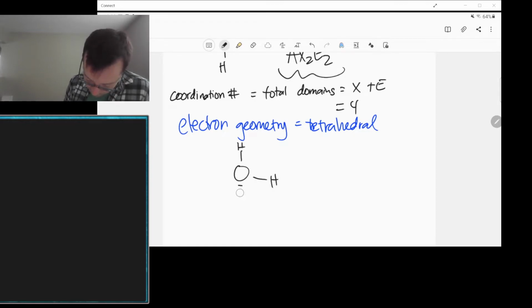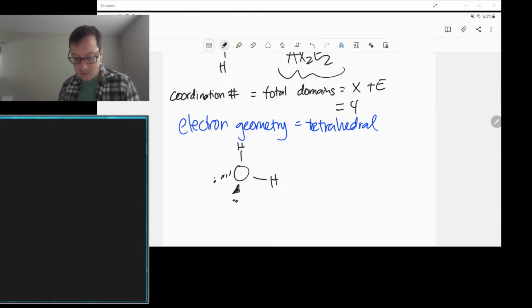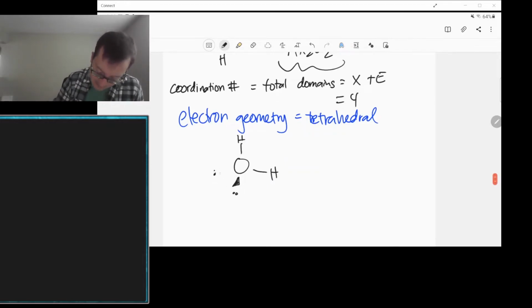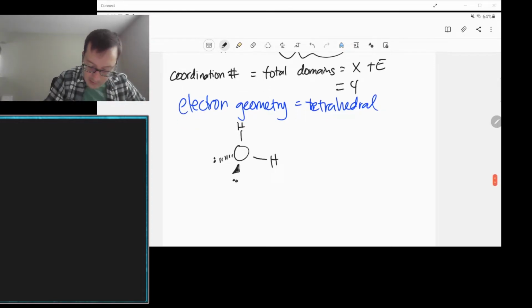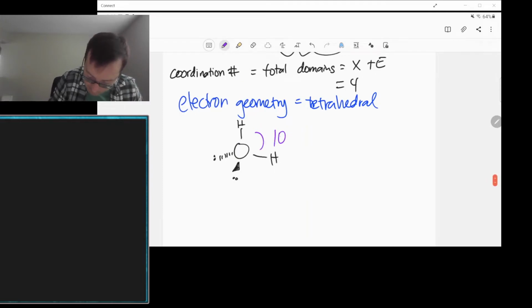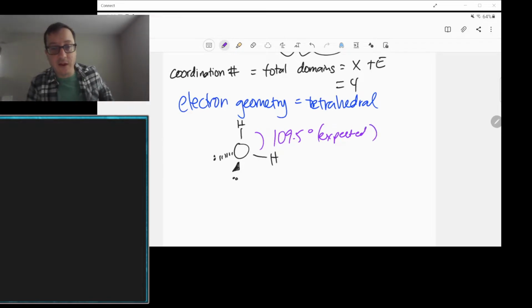I usually put my wedge here, so I'll be consistent. So we have our wedge and our dash. I'm going to make the dash a little bit more obvious. So we have 4 things on them, and we're going to expect a bond angle of 109.5.